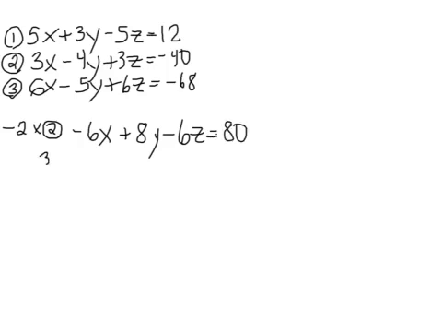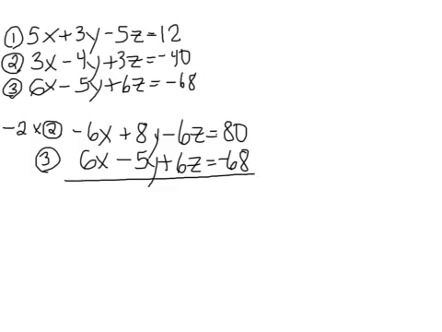I'm just going to keep equation 3 the same: 6x minus 5y plus 6z equals -68. It's worth the effort to recopy it because with the addition method, you want to have them lined up so that you can now add and see what happens.